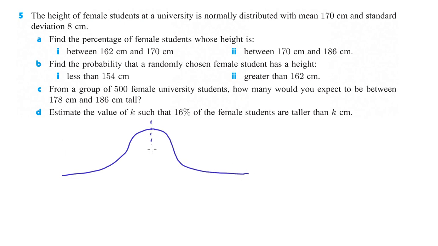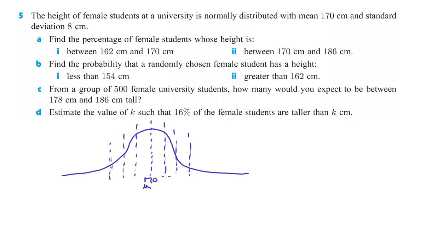Right down here in the middle, our mean is 170. And we've got 1, 2, 3 standard deviations above, and 1, 2, 3 standard deviations below. As you can tell, my graph is not perfect, but you get the idea.